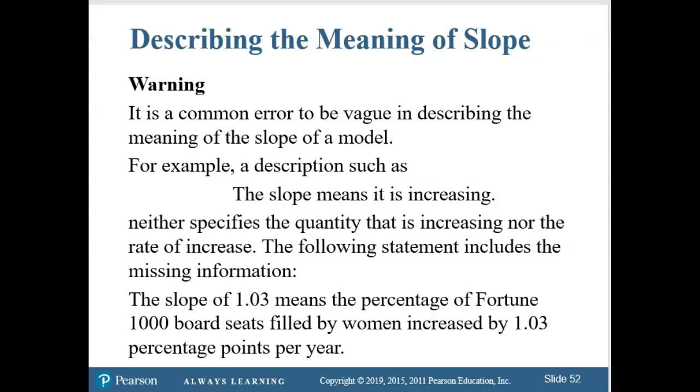Sometimes you'll even just say it's 4. Well, that's not appropriate when we're describing models. So you want to say something like, the slope of 1.03 means the percentage of Fortune 1000 board seats filled by women is increasing by 1.03 percentage points per year.